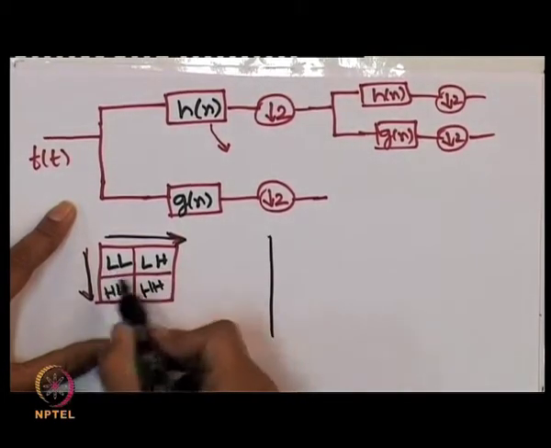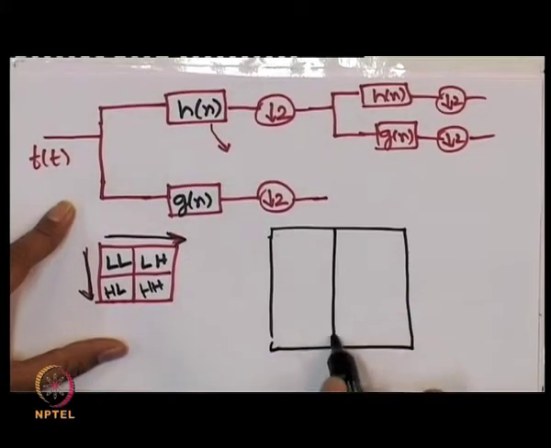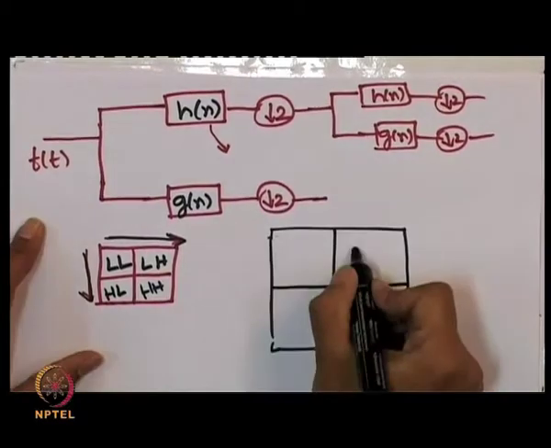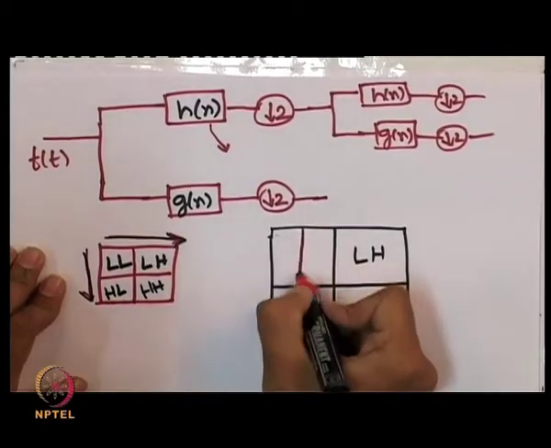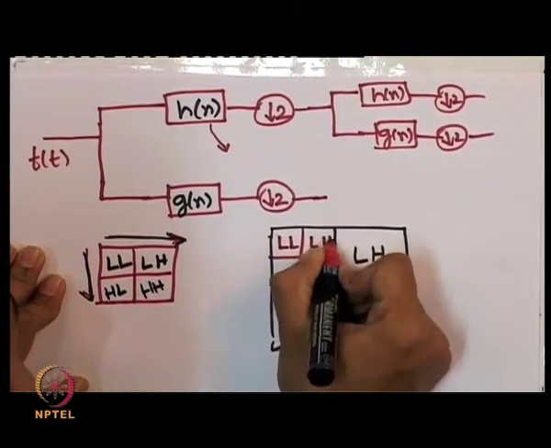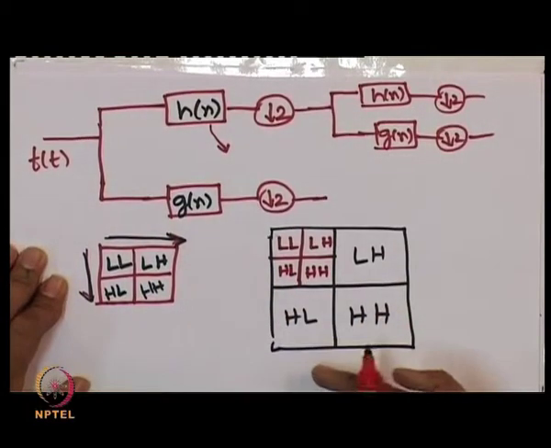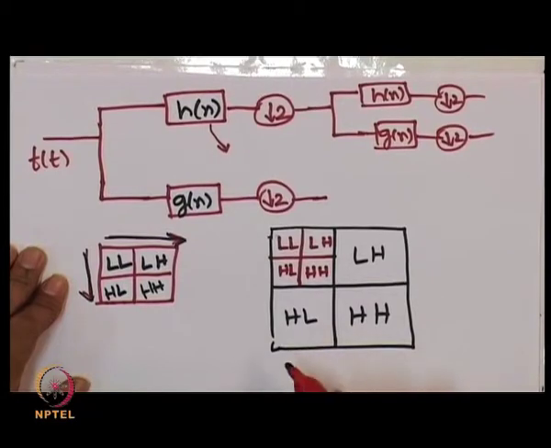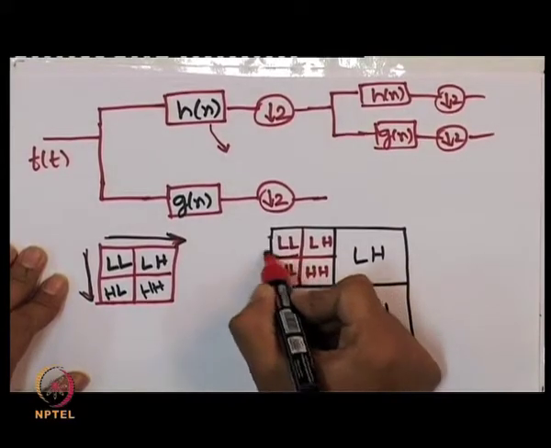We can further decompose this LL band into its subbands. What is the importance of this? For example, if you have a low resolution phone that can't display high resolution images, then in communications we transmit only the LL band of an image.